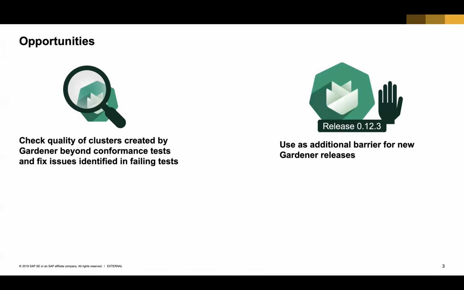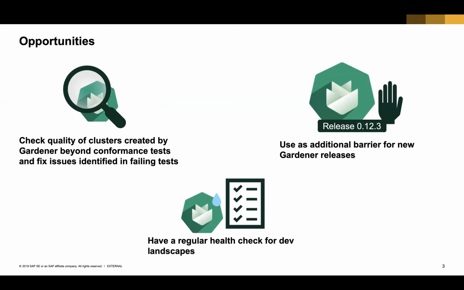Additionally, we are able to use them as a barrier for our Gardener releases. In case we face any issues with E2E tests, we need to fix them before we release a new Gardener version. And we can do regular health checks on dev landscapes and others to ensure the consistent behavior of Gardener clusters.